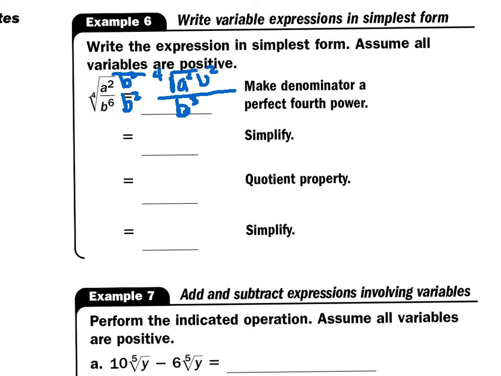Now, did I do that right? The 4th root of b to the 8th is b squared, not 12.